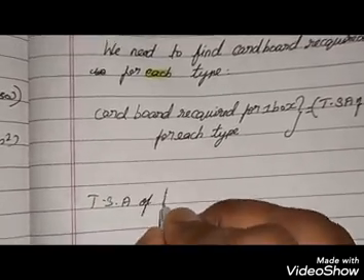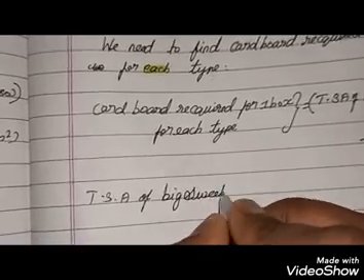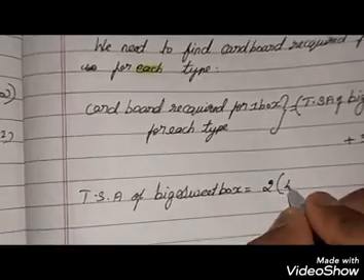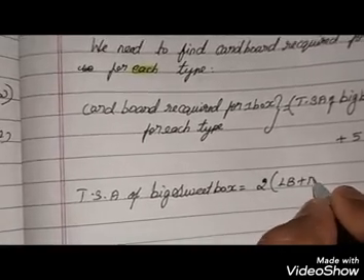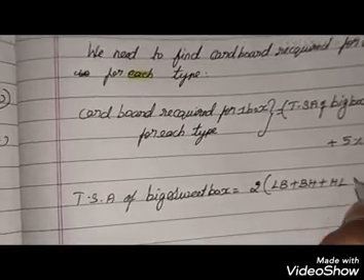First we take the total surface area of the big sweet box: 2 into (LB plus BH plus HL) square units. I use capital letters for the bigger one.